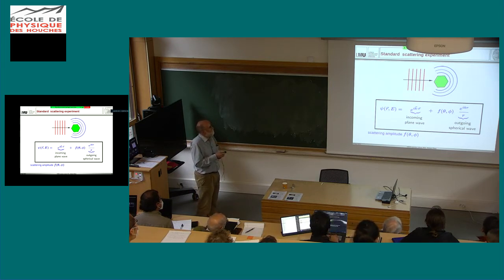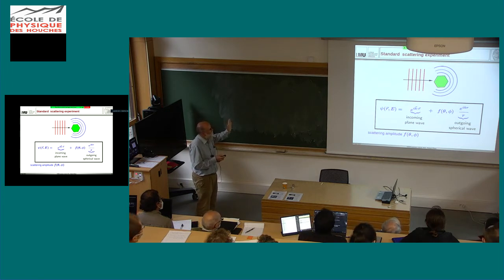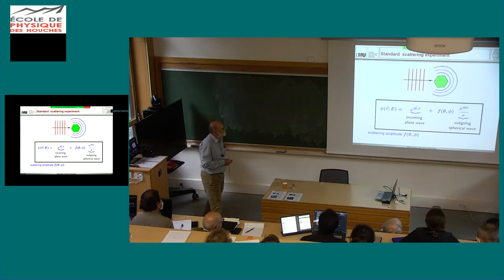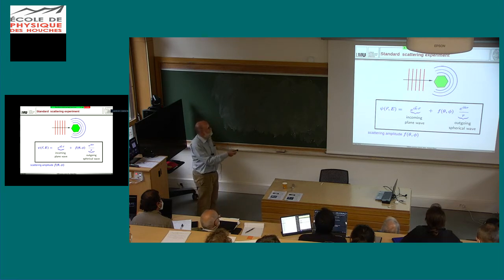In the standard picture you have a source for particles or waves, and these produce a plane wave, which is then scattered at a target, producing on top of the incoming wave, scattered waves. This is described by that standard expression here. That means the target's property to scatter the wave is all encoded in that scattering amplitude.